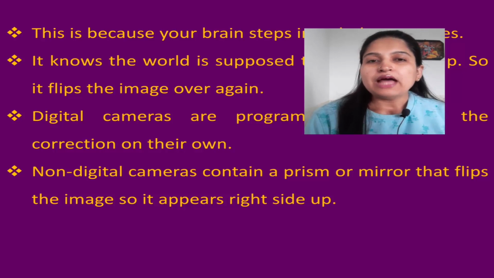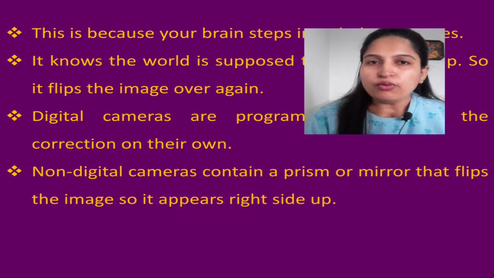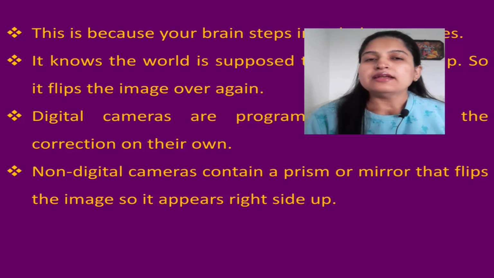Okay, so we have our brain. Through the optic nerves, the image goes to the brain at the occipital lobe, where the image gets processed, and then it is transferred to both hemispheres of our brain. So it is the brain which converts this flipped image into the real image.